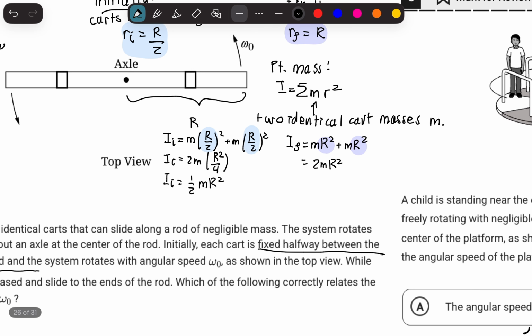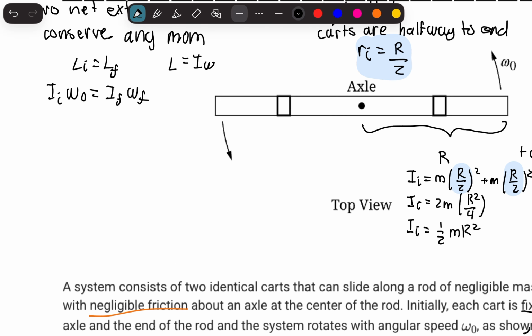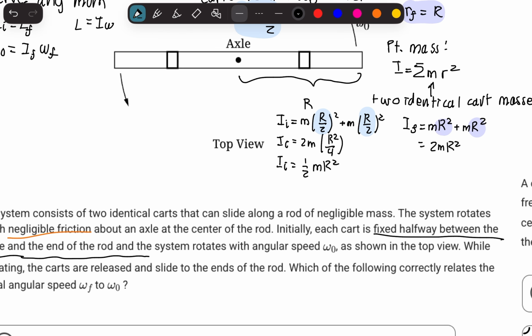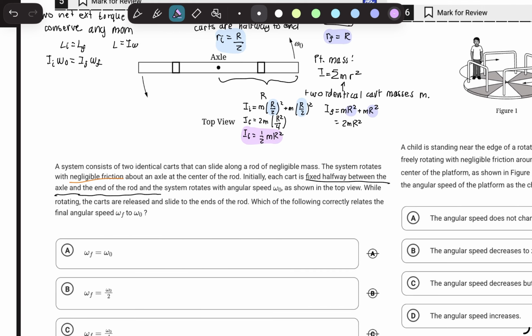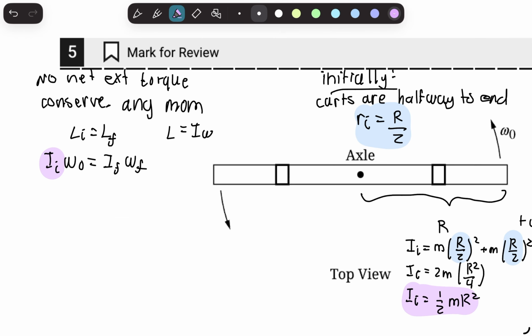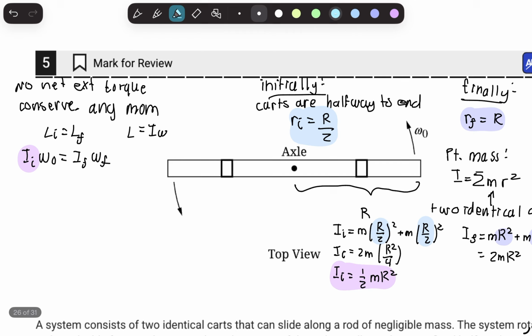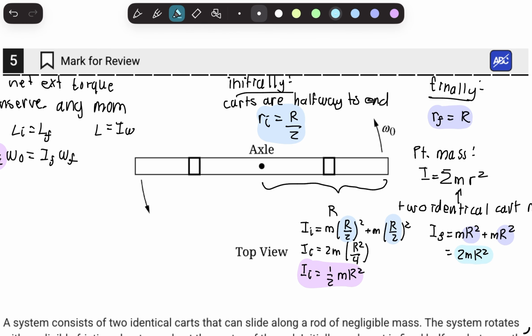Now, let's apply this to our momentum conservation. So now we have what I is, right? Our initial I, and we also have our I_F.